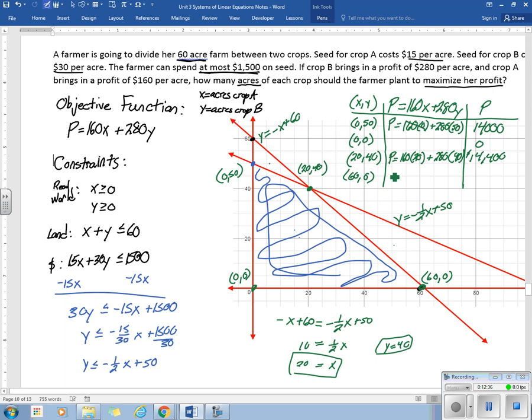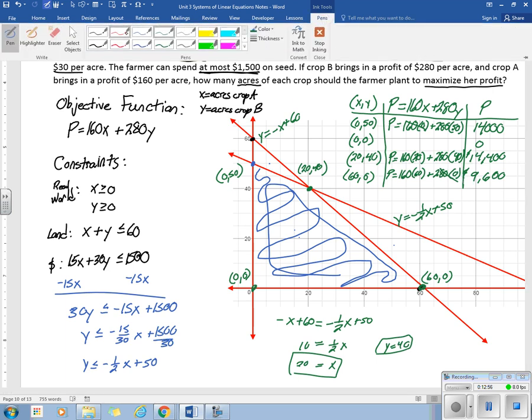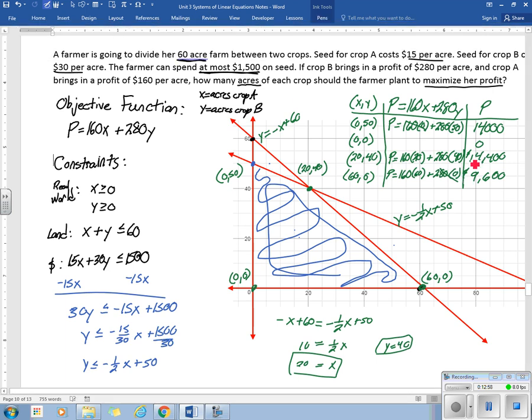So P here equals 160 times 60 plus 280 times 0. Same thing happens here with the 0, it just knocks it out. 160 times 60 is only $9,600. So the most profit that we're going to make on any of these options would be $14,400.